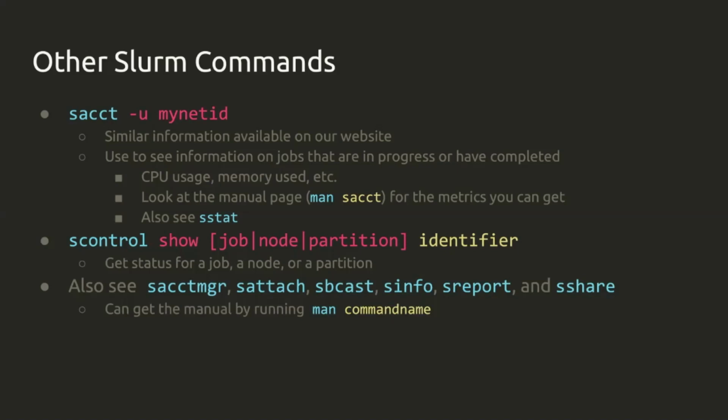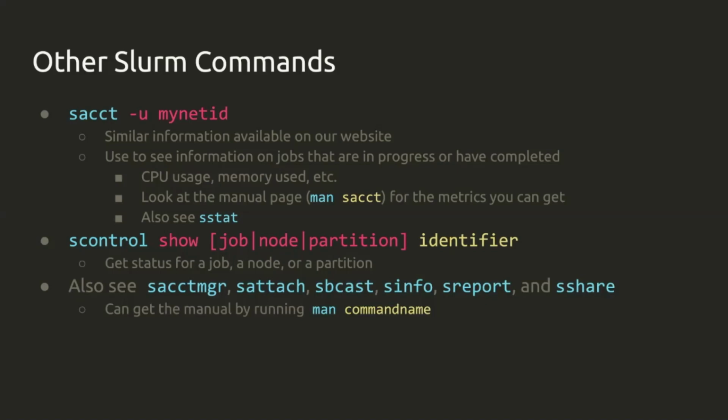Some other Slurm commands that might be helpful to you on top of the ones that we just discussed. saccount is something that can be super helpful. It tracks similar information that's available on our website for job statistics. You can use it to track CPU usage, memory used, all of that good stuff. It has so much information, though, that you actually have to tell it exactly what you want.